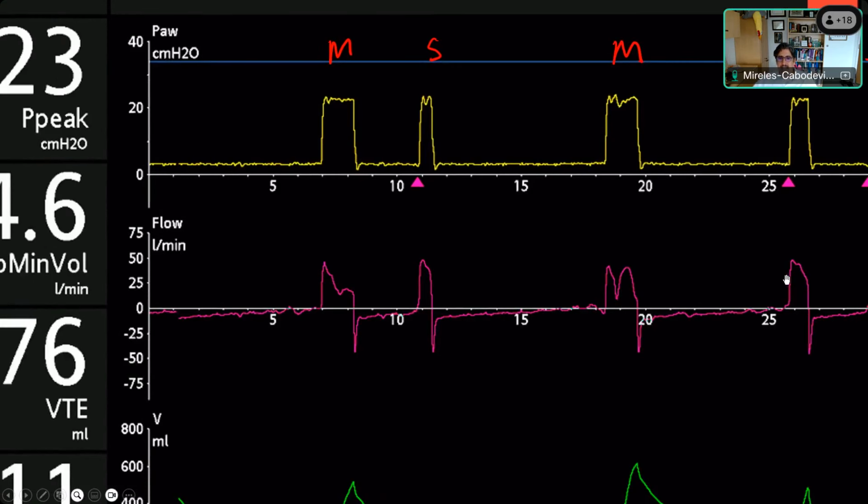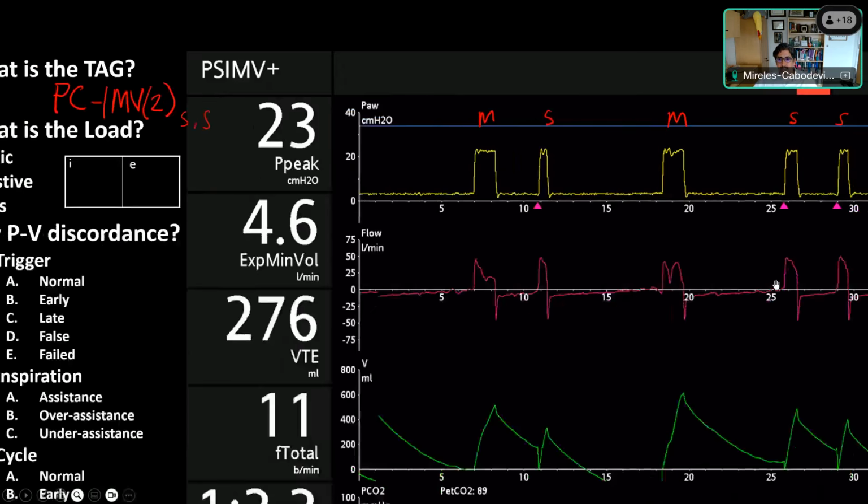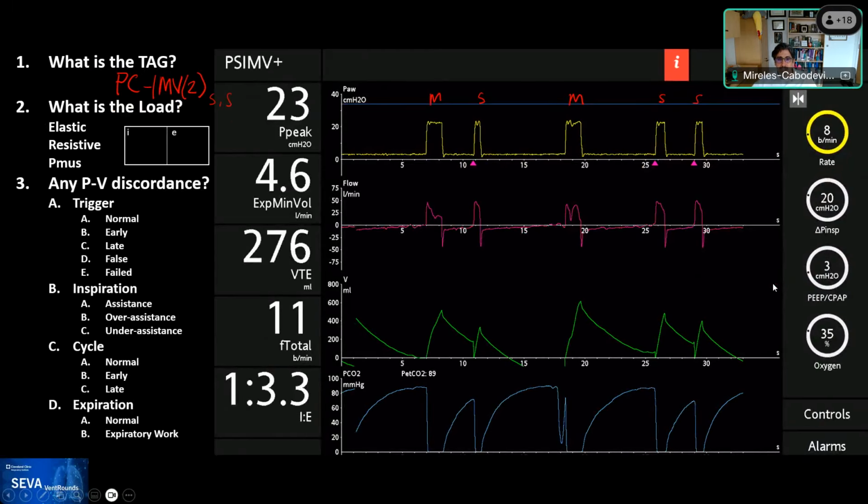Instead of having that nice exponential decay, you see those bumps, right? And so that means that there is PMOS. So during inspiration, there is PMOS, but expiration is passive, and you clearly see a very high resistive load. Good job, Leora, in there.